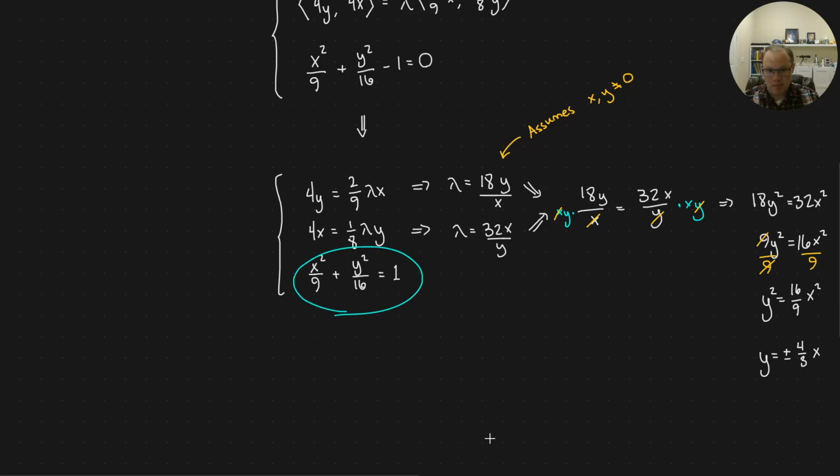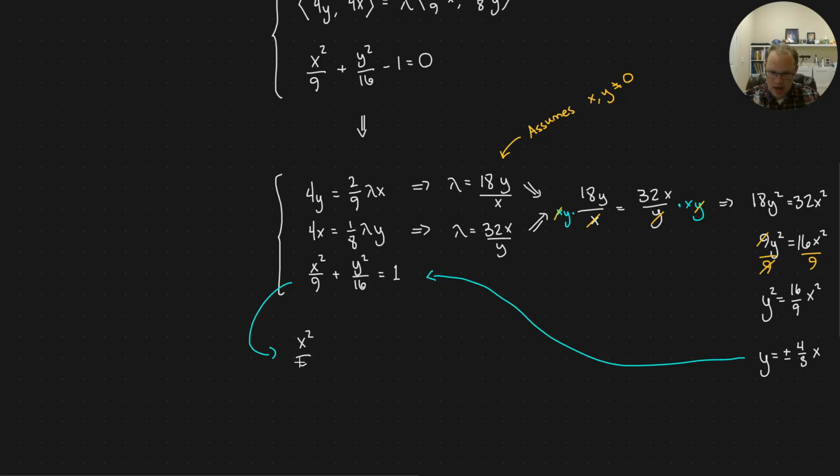Now let's use the remaining equation. Let's plug that in. Okay, so if I plug that in, I'll get x squared over 9. And then instead of y squared, I'm going to get 16/9 x squared, right?